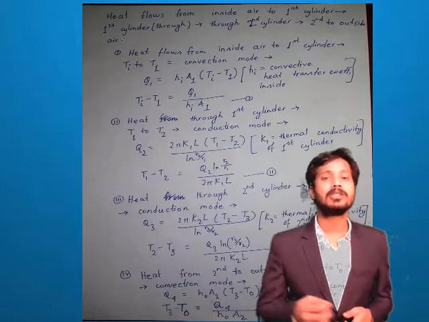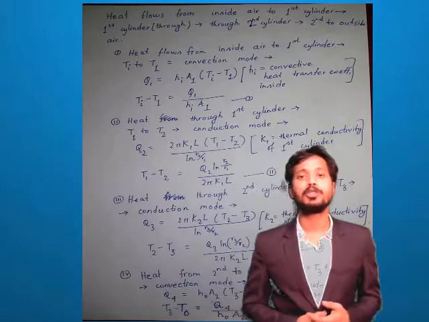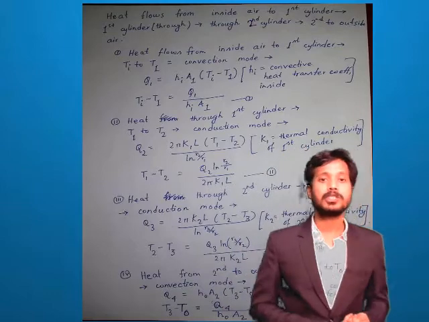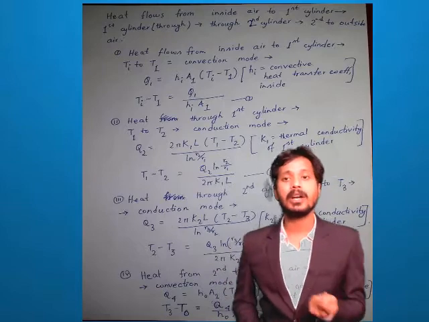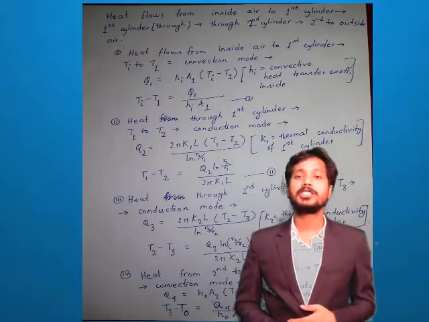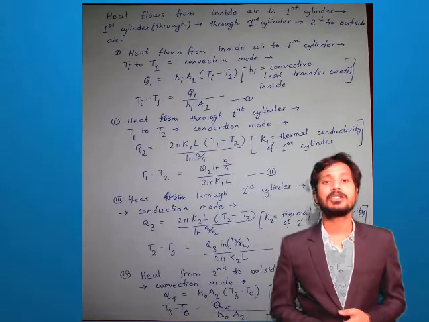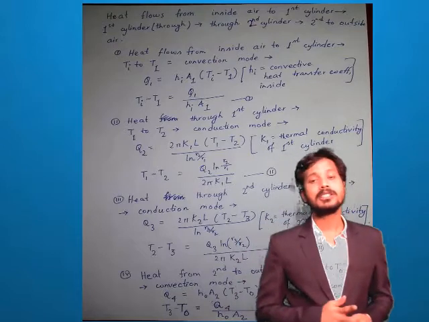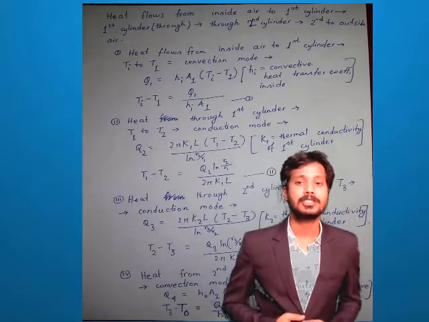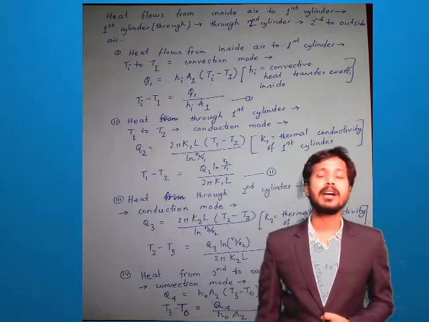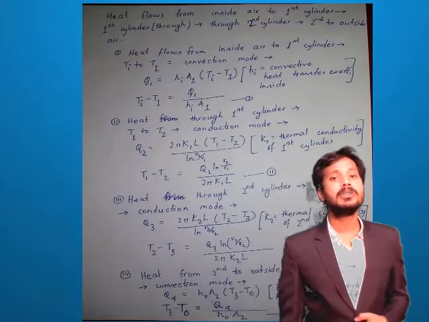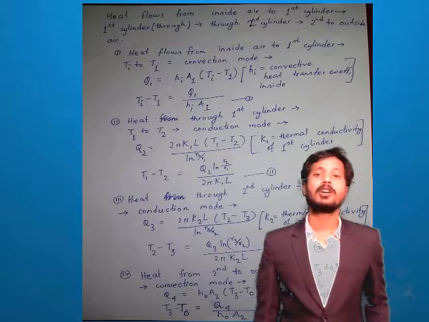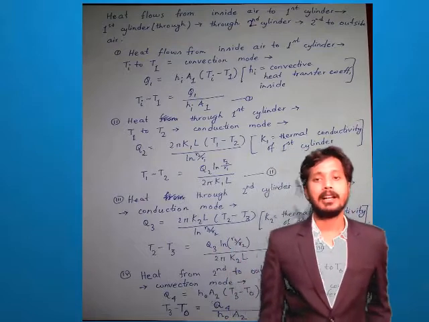So as per the nomenclature, Q2 equals 2 pi K1 L (T1 minus T2) divided by ln of R2 by R1. Here K1 is the thermal conductivity of the first cylinder, and we can write T1 minus T2 equals Q2 into ln of R2 by R1 divided by 2 pi K1 L.